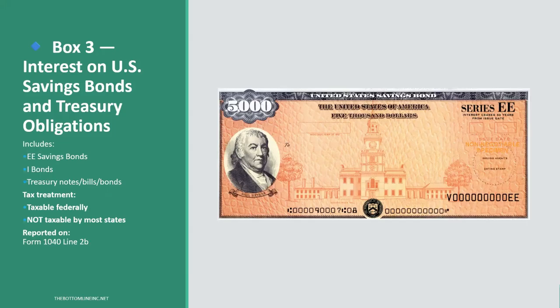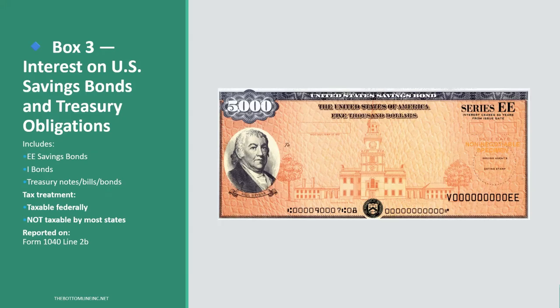So box 3 of our 1099-INT is interest on savings and treasury bonds. Unfortunately, they don't give out these Series EE coupons anymore, like when I was in grade school and I had grandparents buy me Series EE. You can buy them now, but it's all electronic.